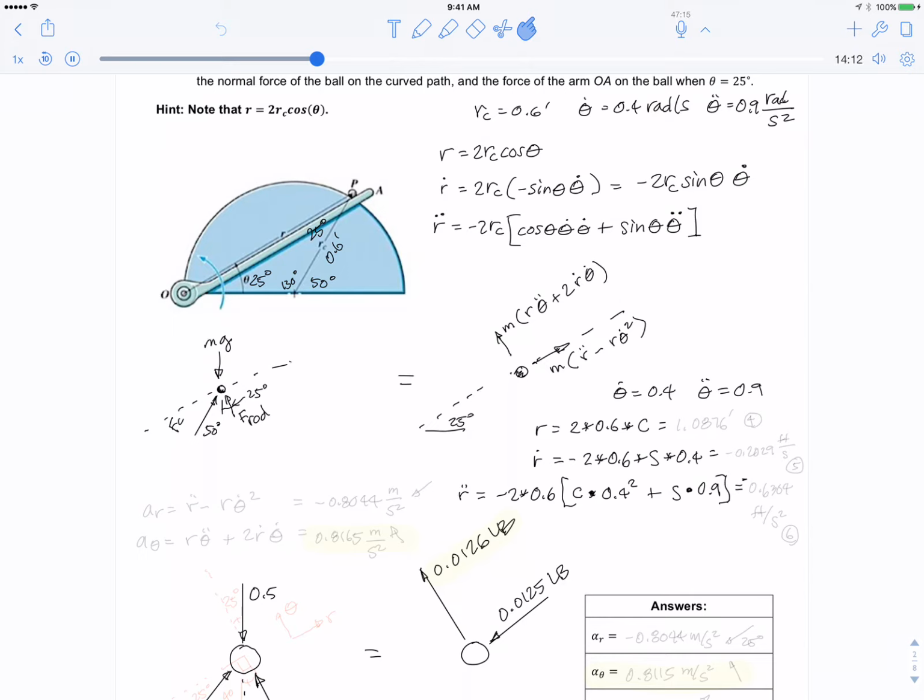Okay, so I'm actually going to calculate cosine and sine, store those in my calculator, and then run these out. I'll be right back.